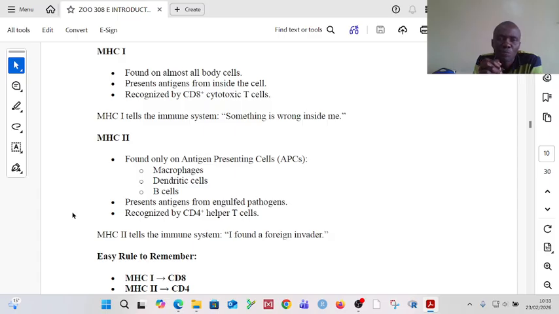Okay? So the MHC class 2 is working with the antigen presenting cells. What are the antigen presenting cells in this case? Macrophages and dendritic cells and B cells.